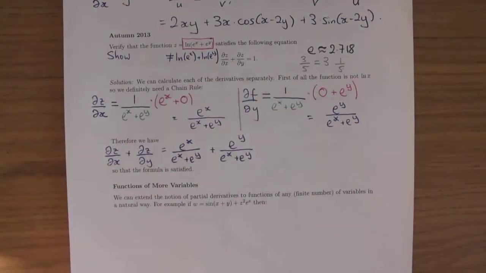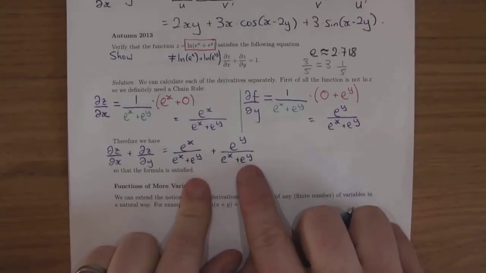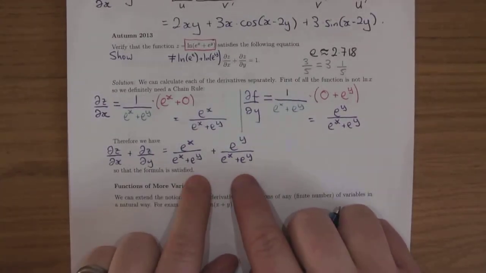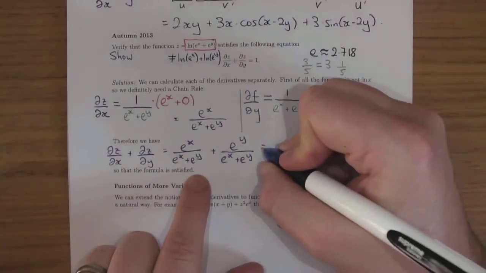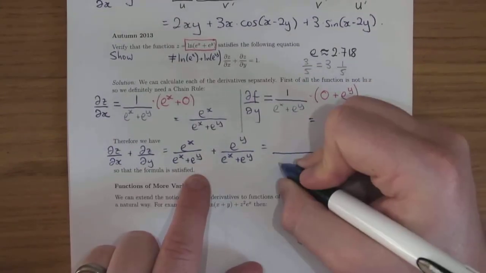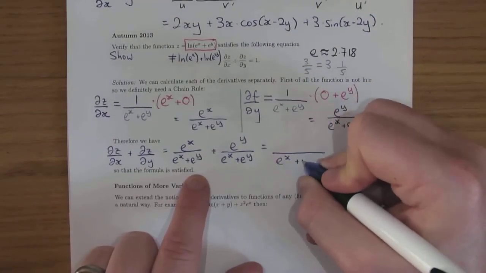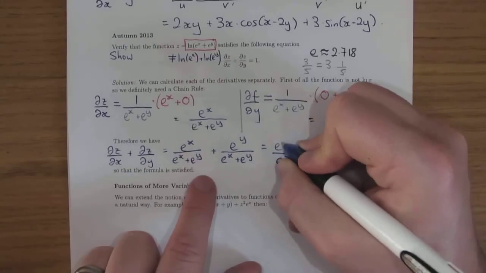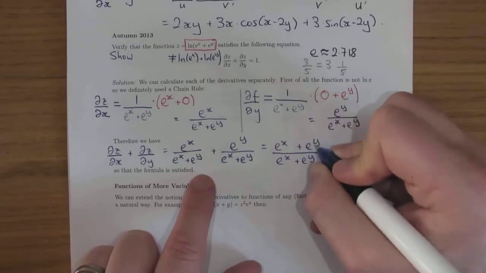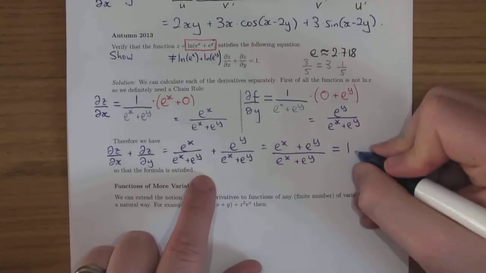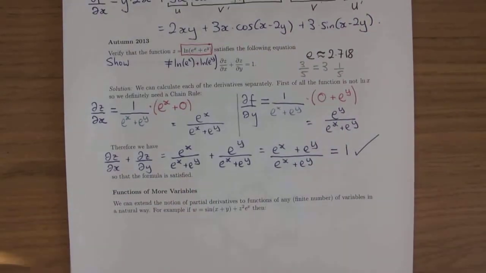Now we're hoping to show this is equal to 1, and we've got two fractions and we can add them together because they have a common denominator. So the common denominator is e to the x plus e to the y, and you've got e to the x plus e to the y, and anything divided by itself is 1. This is what's called a partial differential equation, and we haven't solved it, we've found the solution.